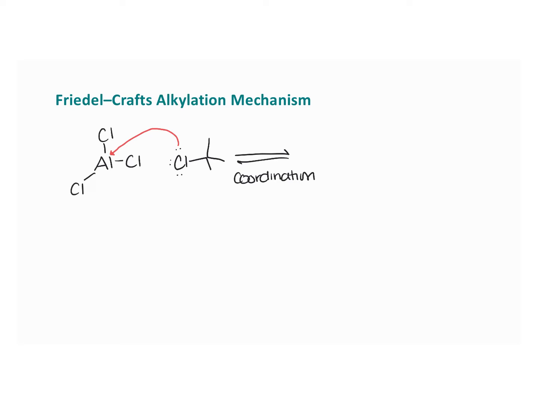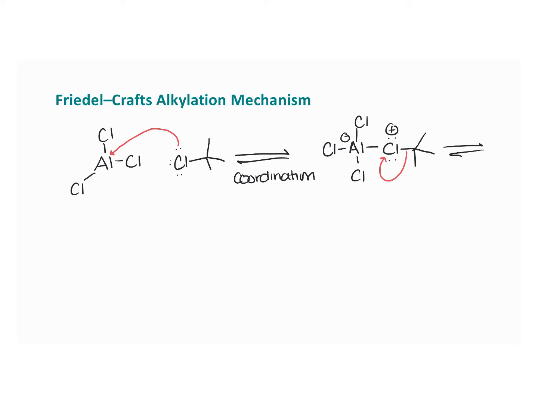Now, through this coordination reaction, what you're going to see is this group form. And then it's going to undergo heterolysis, where these electrons go here. Let me write that down.